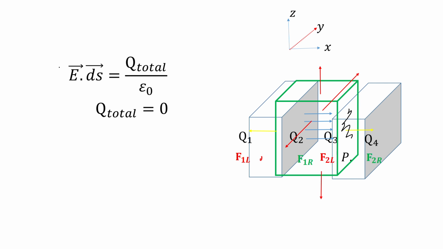So we can say that the total charge enclosed within this conductor is 0. Finally we observe that Q2 plus Q3 equals 0. The total charge enclosed is Q2 and Q3, so it is 0. So we can say that Q2 equals minus Q3. This is a very fundamental concept that will be used in our problem.